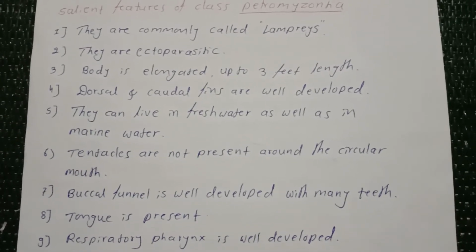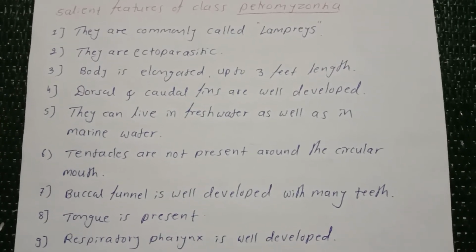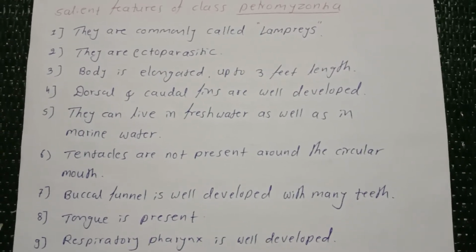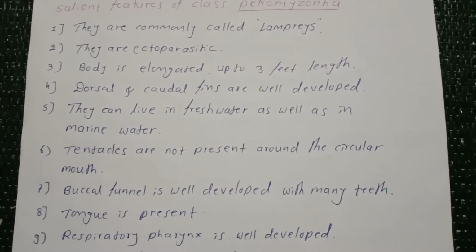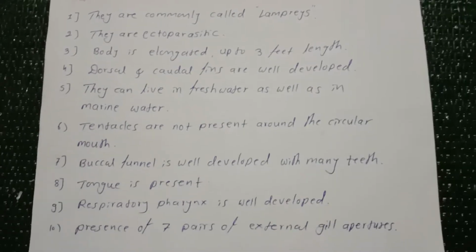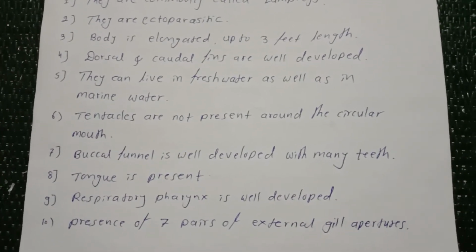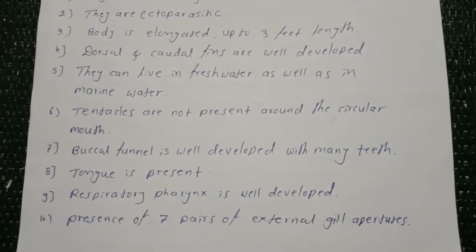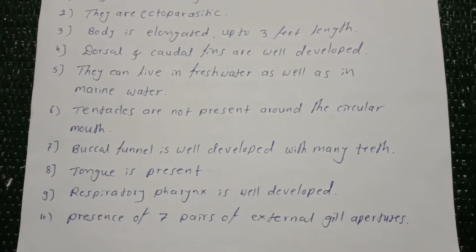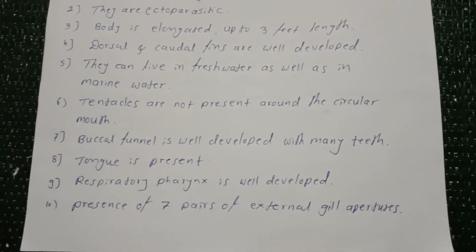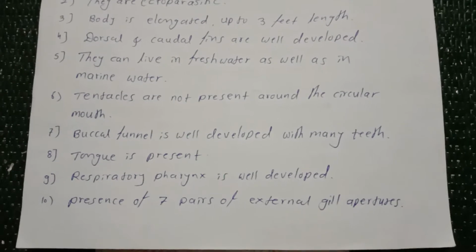The beating of the tentacles helps the mouth to catch the prey. The buccal funnel is well developed with many teeth. Then the tongue is present, encircled by the teeth.